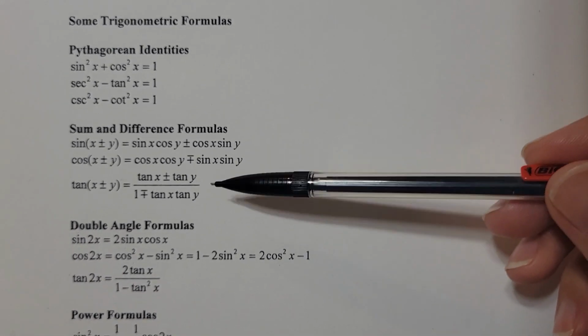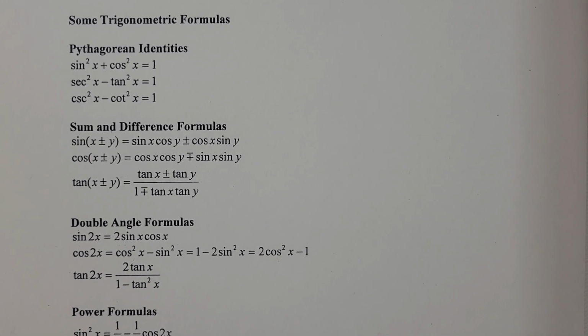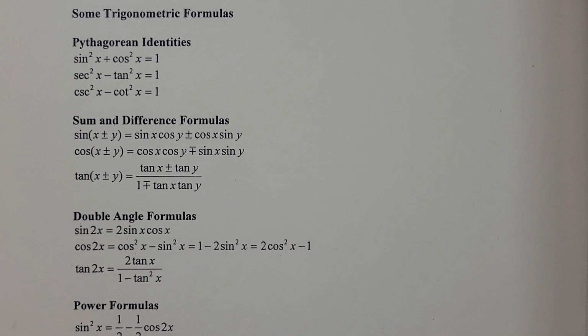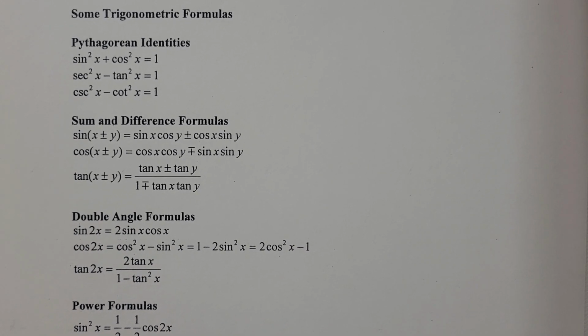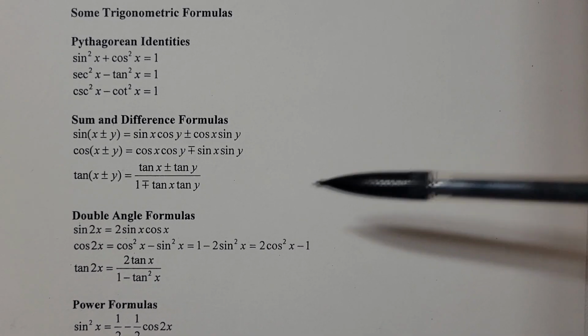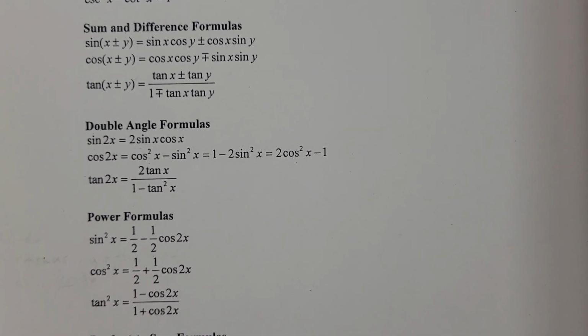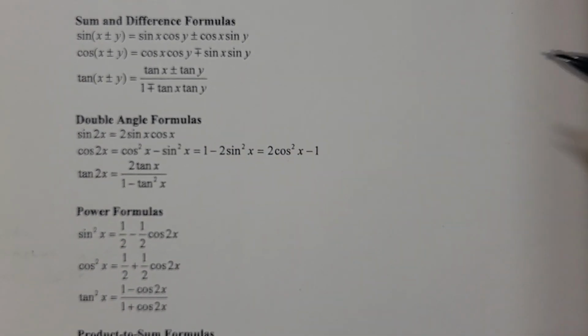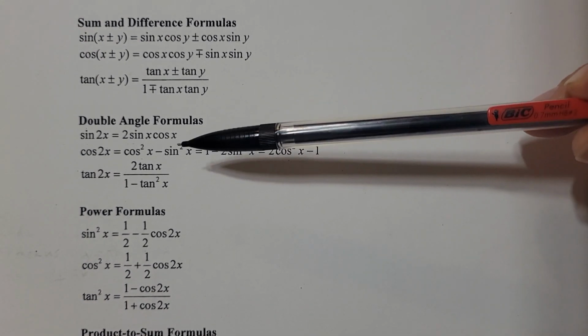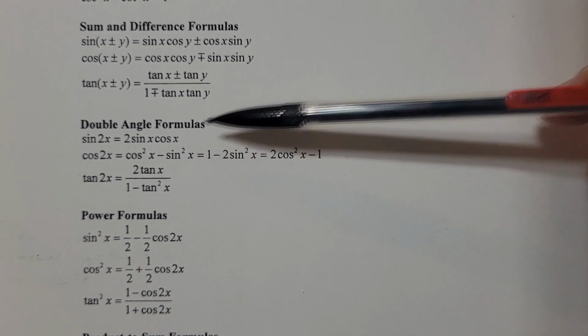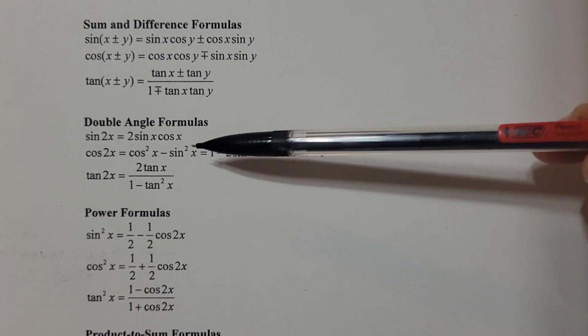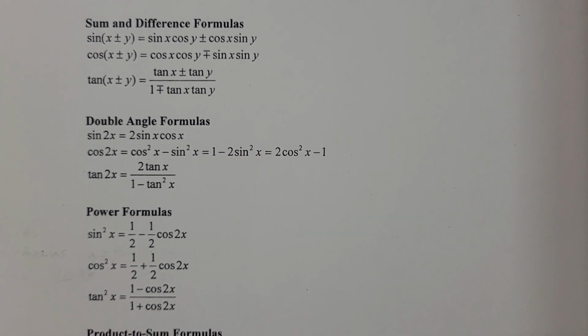The sum and difference formulas, you may need once or twice for a problem. They're not ones that you definitely need to know. But the double angle formulas, I would know sine of 2x and cosine of 2x.